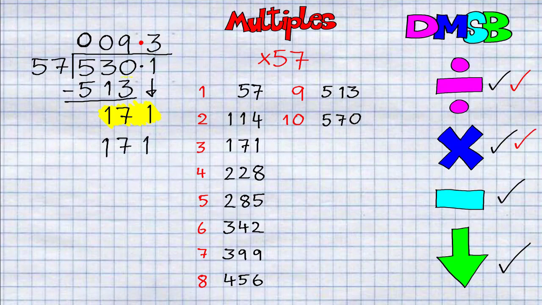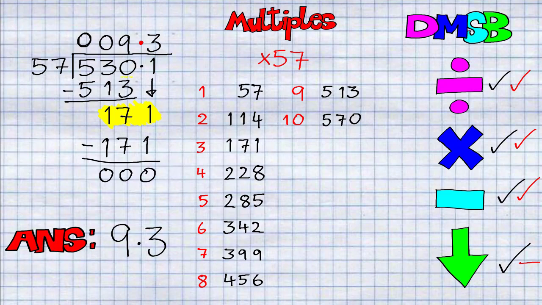Okay, then we can put a tick there as well. Next, we're doing our subtraction, and we know that we end up with 0. So we can put a tick beside our subtraction. And we know that the sum is closed out because there's no more to divide, so we don't need to bring down, so we know we're finished at that stage. So your answer is 9.3. 53.01 divided by 5.7 ends up being 9.3.